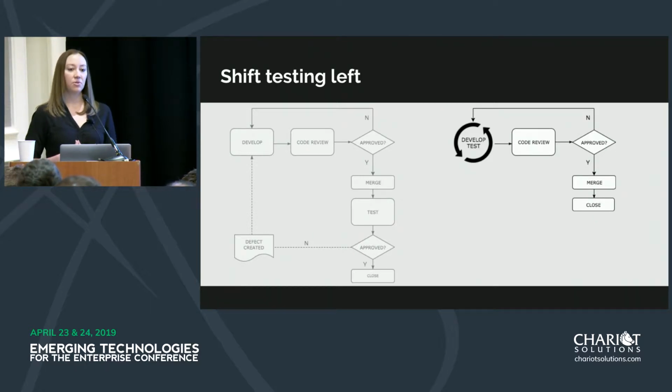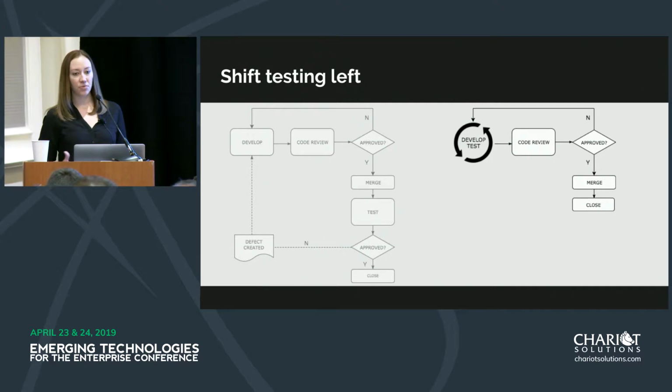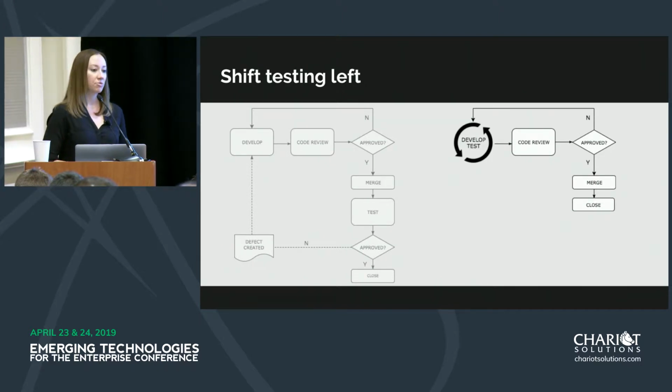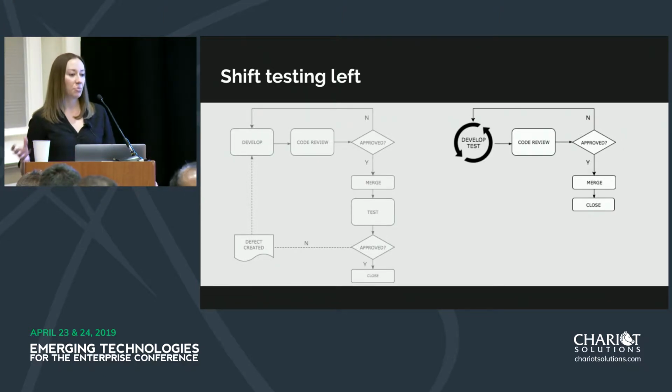A QA person that had never written scripting or tests before actually learned how to write some JavaScript from the developers, and the developers learned how to test certain things and write tests in a way that would test the site in a proper way, so that they could write some of the automated tests themselves and share the burden of QA as well.